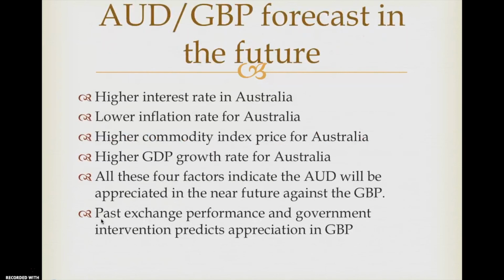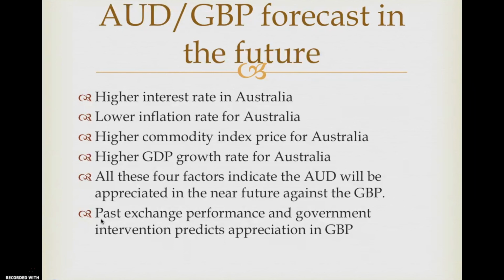To conclude, through the analysis of the factors, the relative GDP growth rate, inflation rate, interest rate, and commodity price suggest AUD will be appreciated against GBP. However, the past exchange rate also shows a decreasing trend in the past 6 months, and also the government intervention shows the interest rate for the UK will be increased.